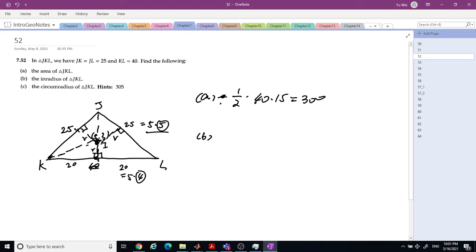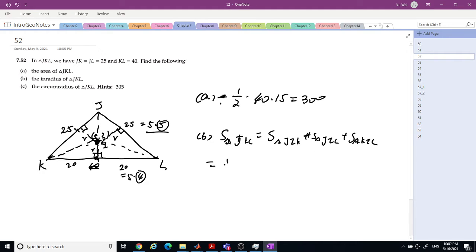So we can cut this triangle into 3 parts: JIK, KIL, and JIL. So the area of triangle JKL is equal to the sum of the triangles JIK, JIL, and KIL.